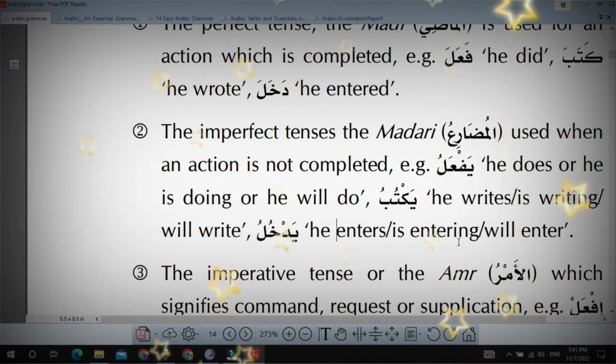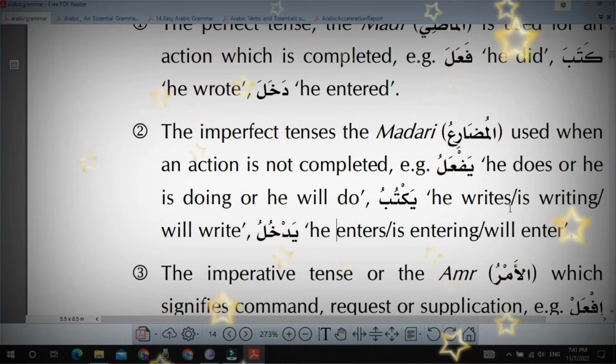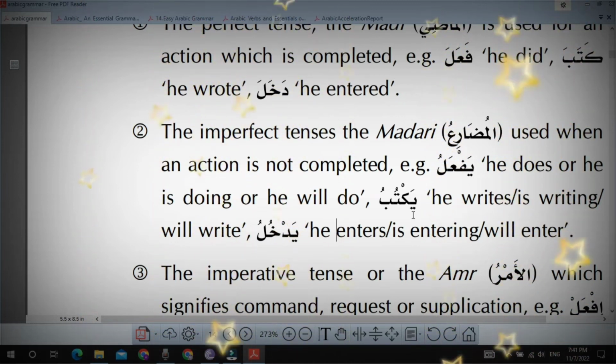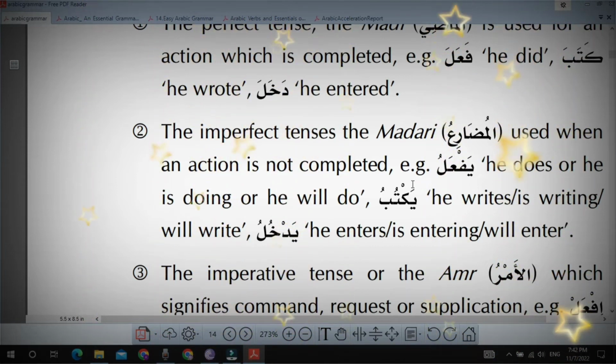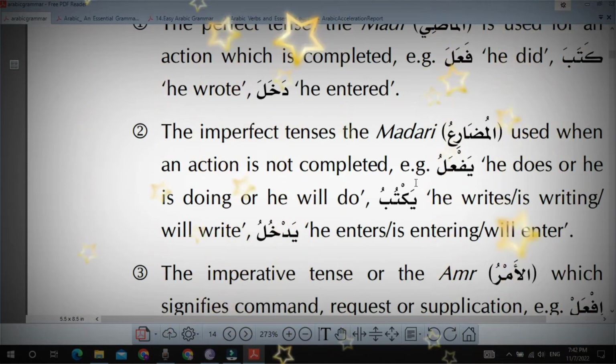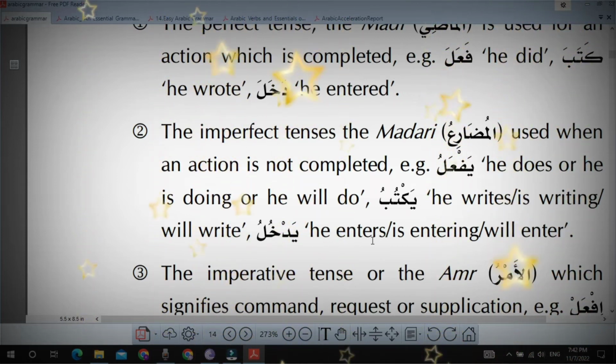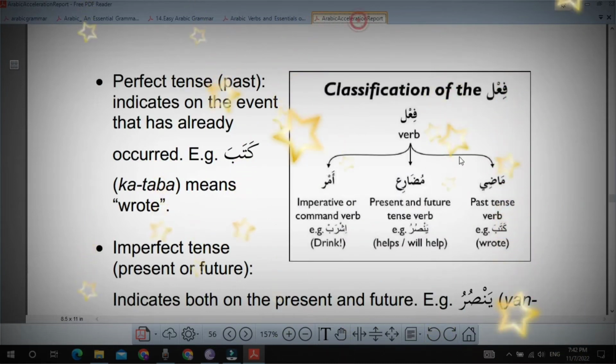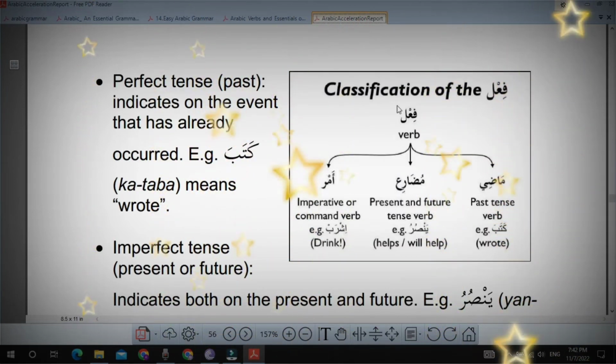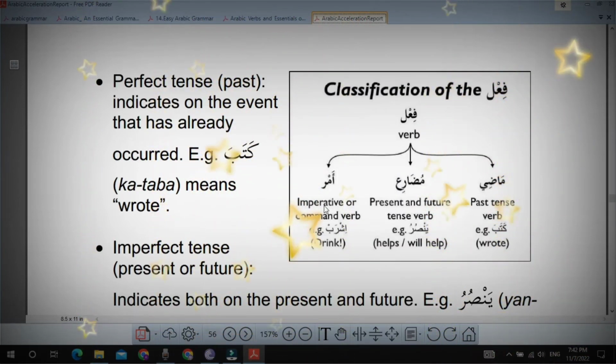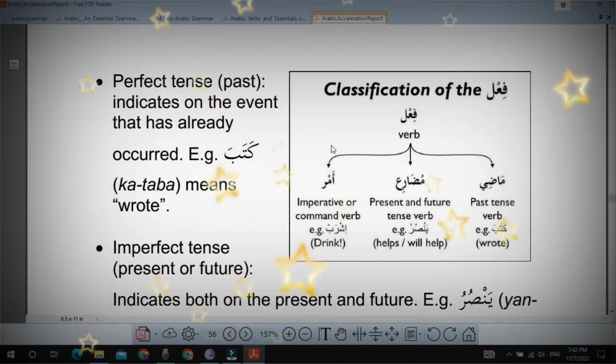He enters, he is entering, he will enter. So this is the second kind of the Arabic fi'l. I told you the first kind is mazi. The second kind is mudari'. You can see here in the picture.